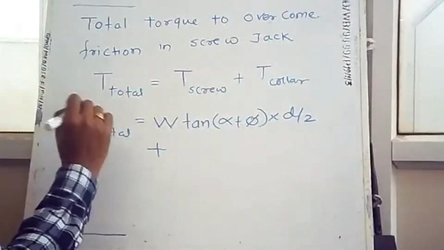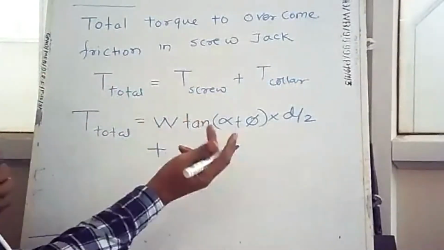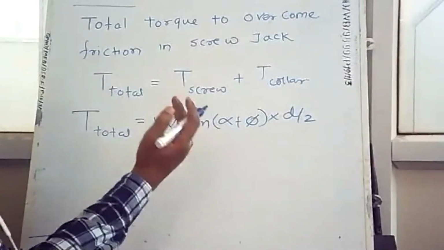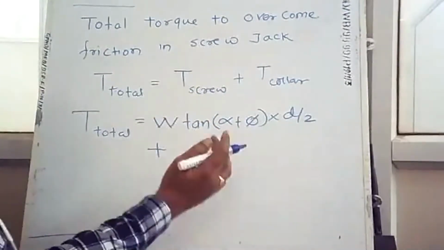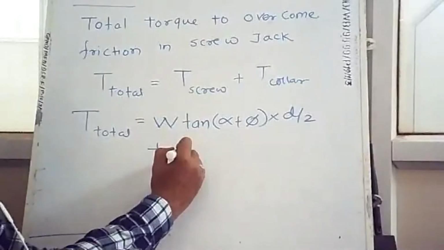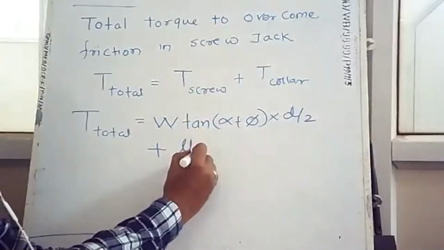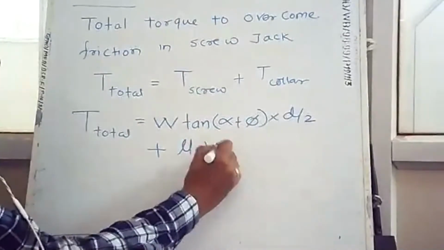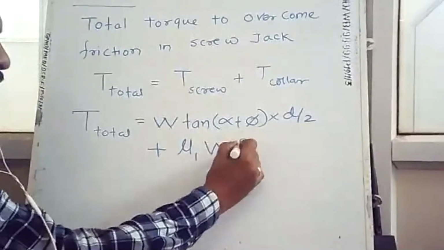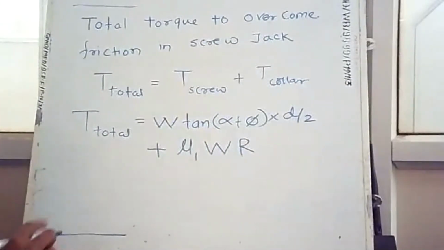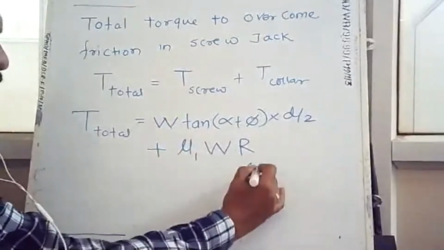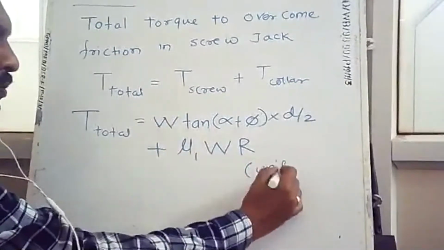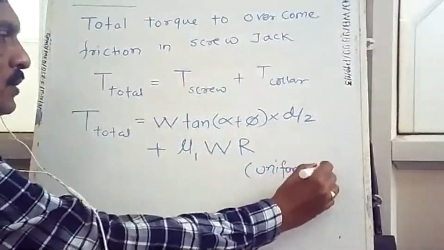We can have two types of collar friction, as we know, uniform wear and uniform pressure theory. Here we can consider mu1 W into R, according to the uniform wear condition.